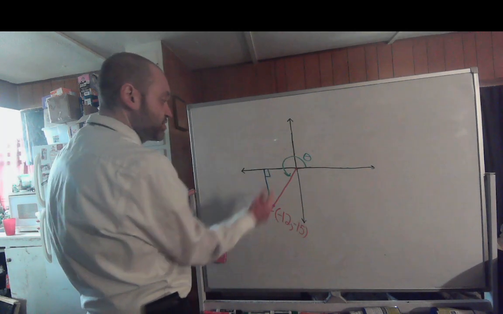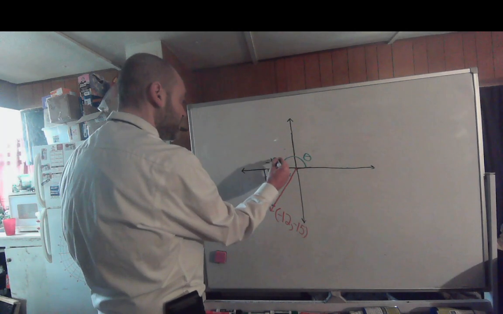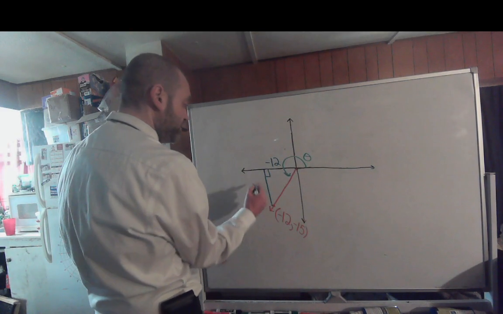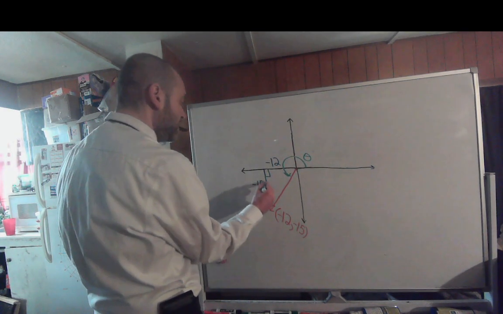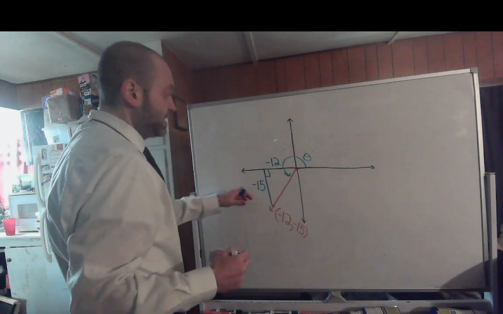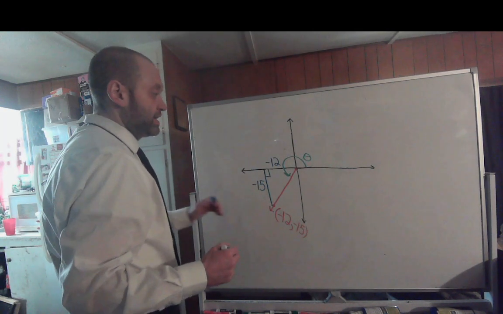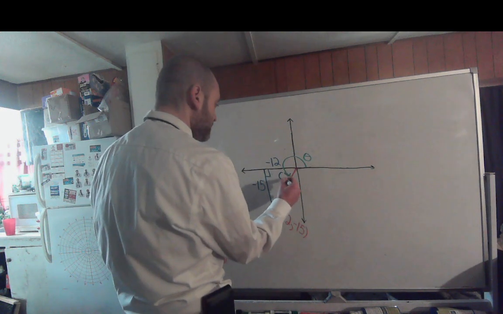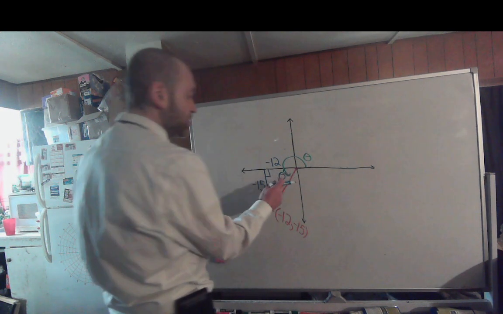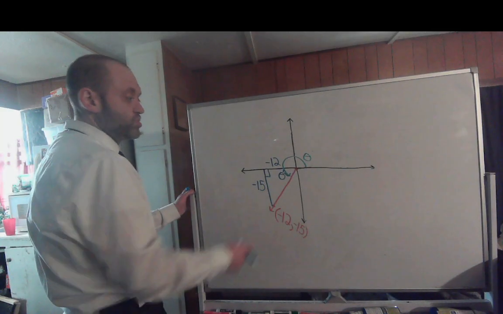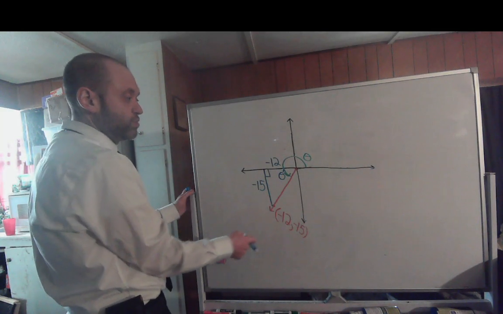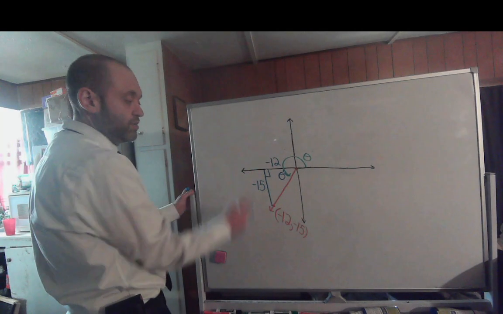Now that -12 tells you the length of your x, that -15 tells you the length of your y, so we can use these to find the radius, which really we're going to find the angle, we're going to solve for theta prime, which is the reference angle between theta and 180.